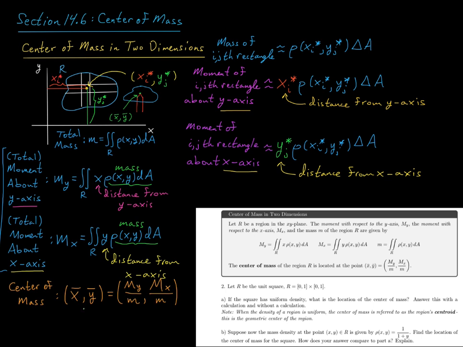So this location here, we can now think about as if we were to take the entire mass of the plate and concentrate it at this center of mass point, x bar, y bar. Then the rotational tendency for that new point mass about the y-axis and about the x-axis would be the same as the entire plate itself.